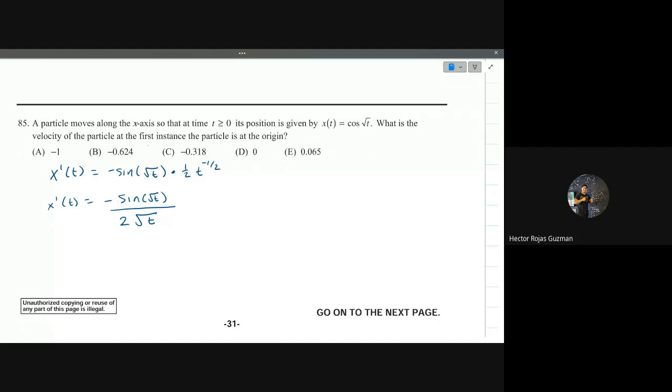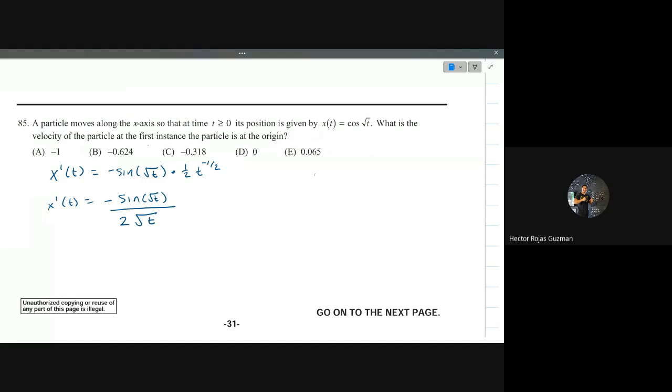The particle moves on the x-axis so that its position is given by x of t. What is the velocity of the particle? At the first instance, the particle is at the origin. Well, if I plug in x is equal to 0, we're going to find the initial position.